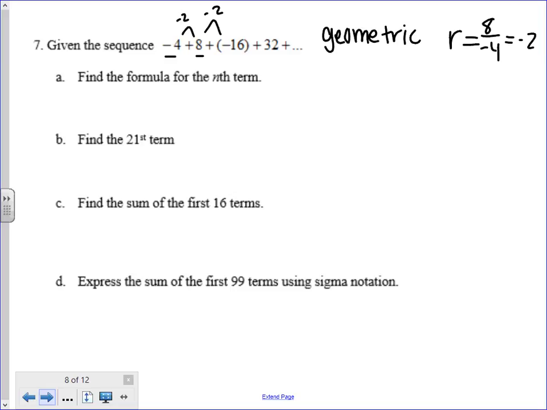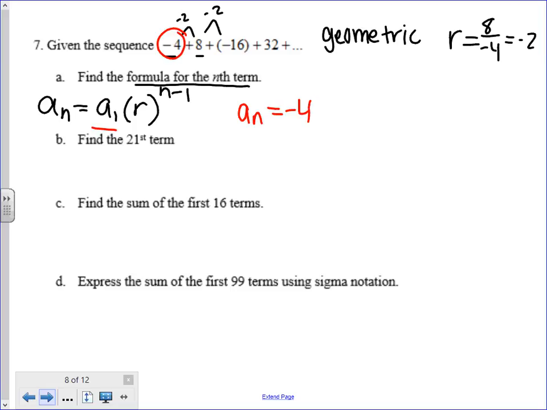Well, since this is geometric, to find the formula for the nth term, I use the geometric sequence formula, which is a sub n equals a sub 1 times r to the n minus 1. To put this in my formula, I have a sub n equals, well, the first term here, a sub 1, is -4.